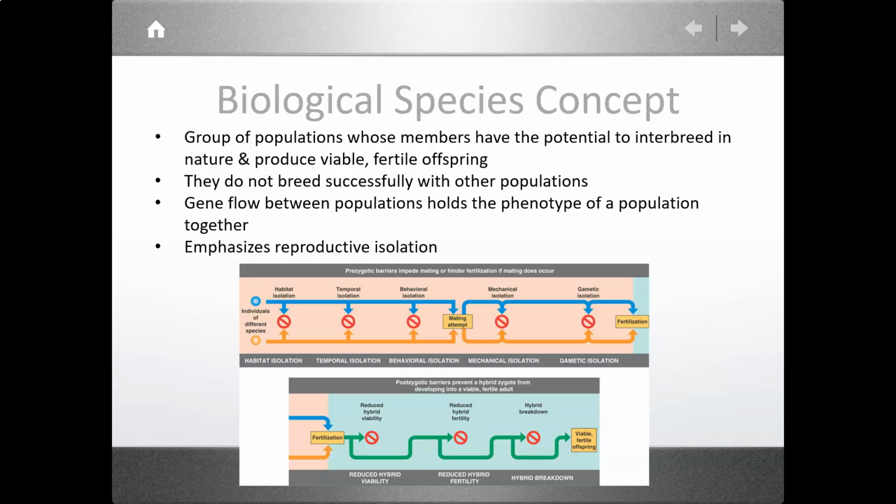So the biological species concept really emphasizes this idea of reproductive isolation, meaning that something along the way allows those two populations to become so diverged, probably at a genetic level, that they can no longer successfully mate and produce viable fertile offspring as a result.